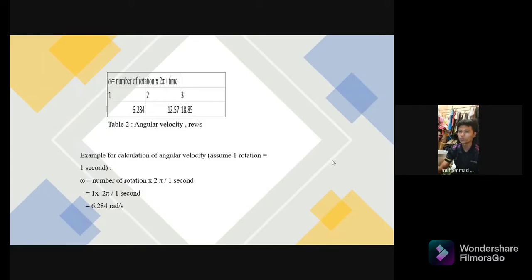So we make a calculation for the angular velocity, which is the number of rotations multiplied by 2 pi divided by 1 second. And we get 6.284 radians per second for 1 revolution. For 2 revolutions it is 12.57, and 3 revolutions is 18.85.